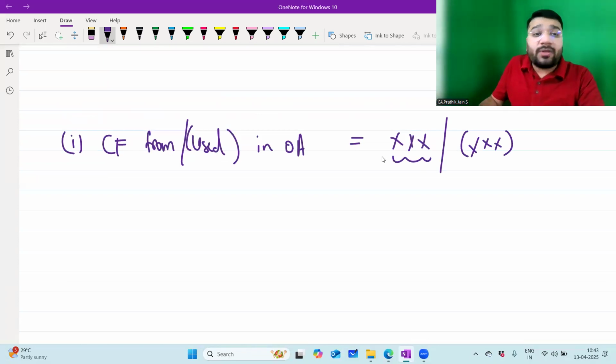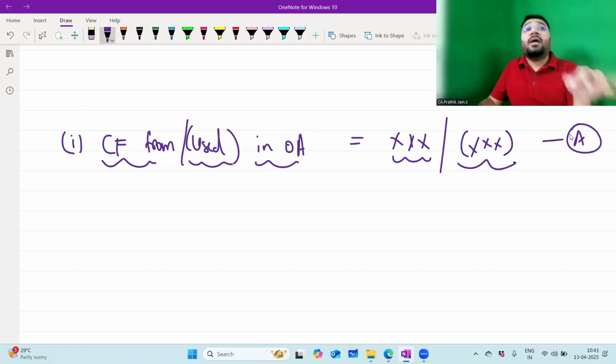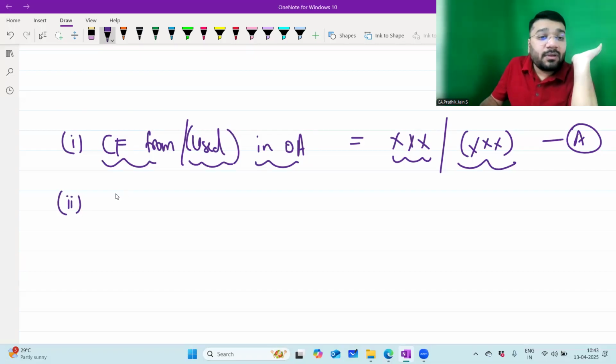So if the answer is positive, it is cash flow from operating activity; I'm getting money from operating activity. And if it is negative, it is cash used in operating activity. This is A. This is the first thing that you will do, whether direct method or indirect method. Second, cash flow from or used in investing activity.